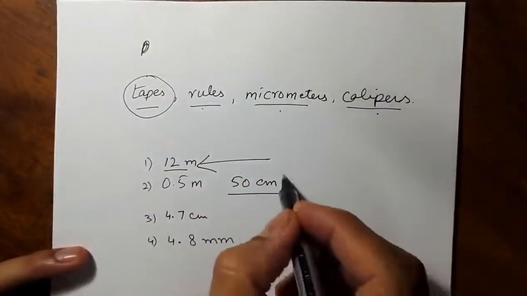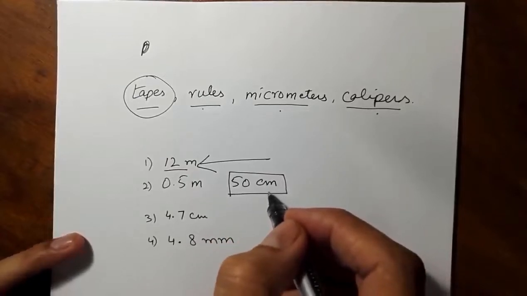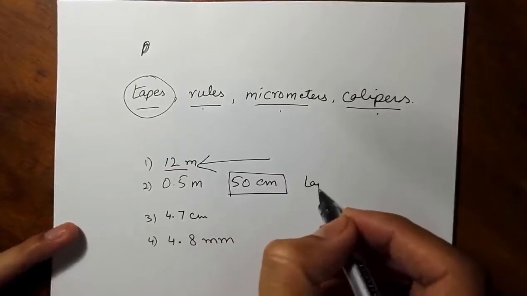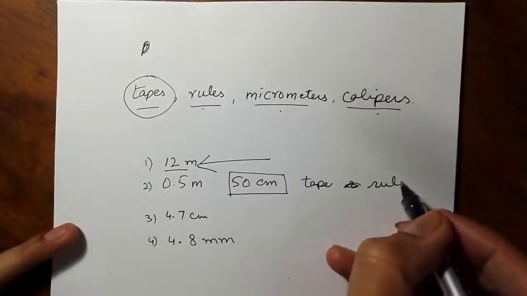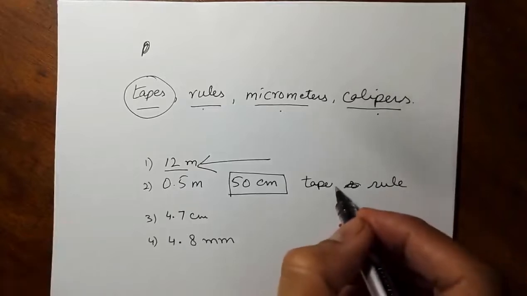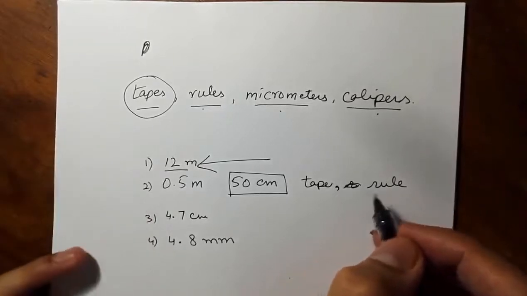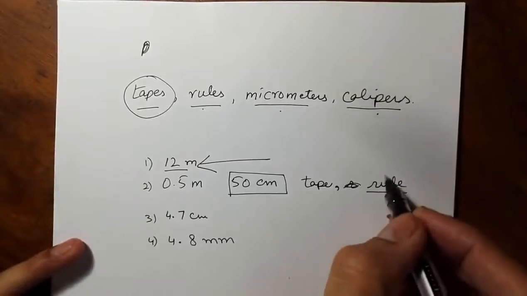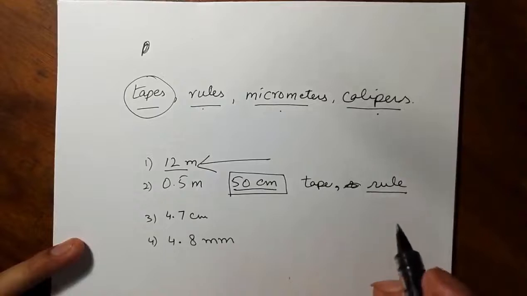Now the length of 50 centimeter, I can measure by using tape as well as meter rule. But the most convenient instrument to measure 50 centimeter of length is meter rule. So I will use meter rule to measure the length of 50 centimeter.